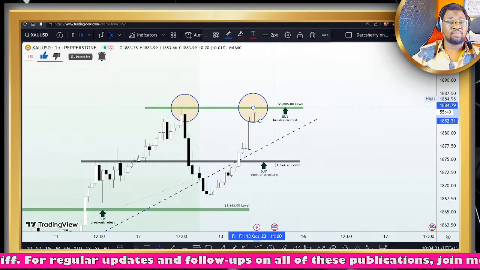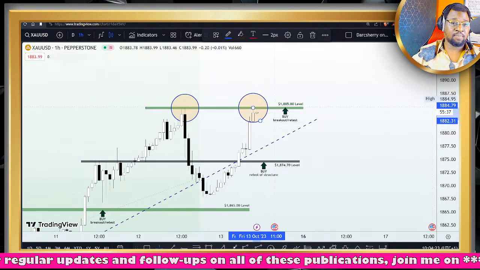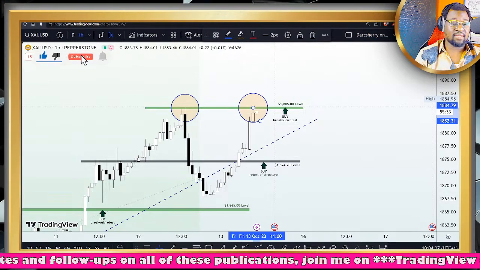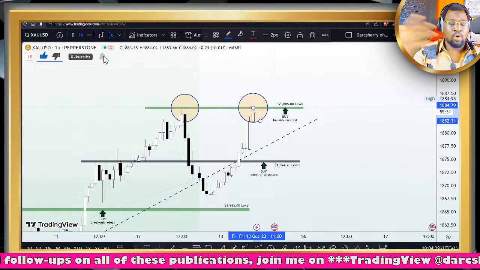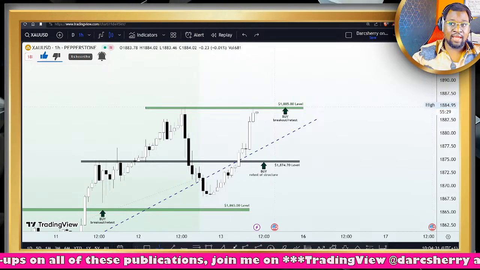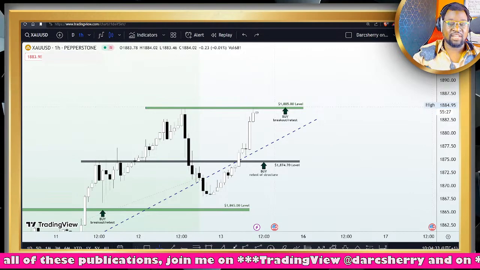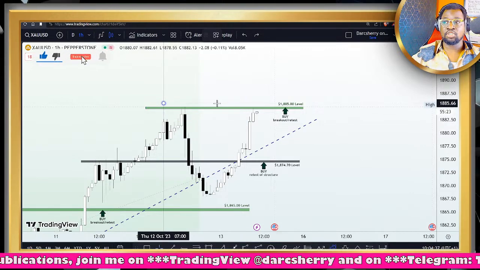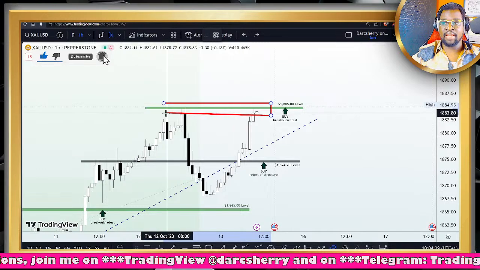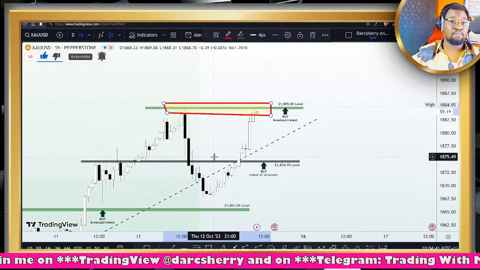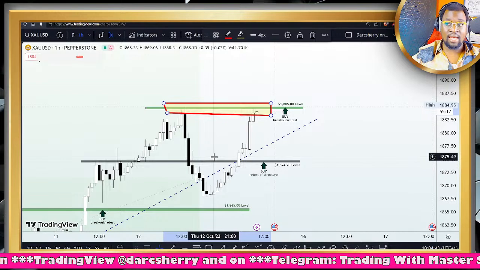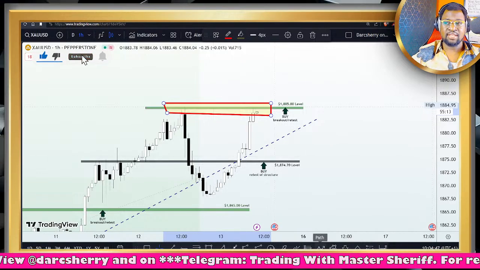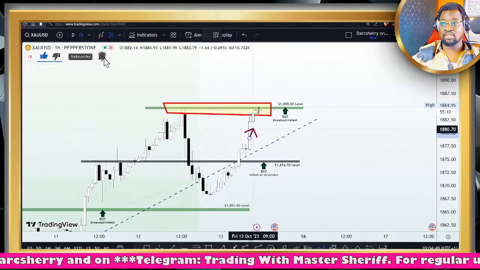Now what we want to be doing here is to exercise patience and see how the market participants will be reacting to this price level. One of the things we are looking out for here is a breakout, which is something I'm expecting here. Price taking out all the sell positions within this range to give me a sign that buyers are getting stronger. So personally, we should be having a buy stop order.